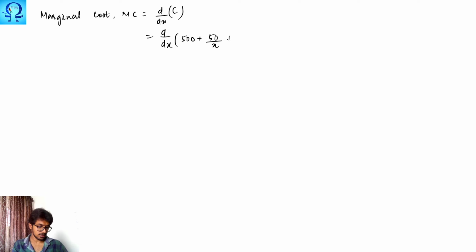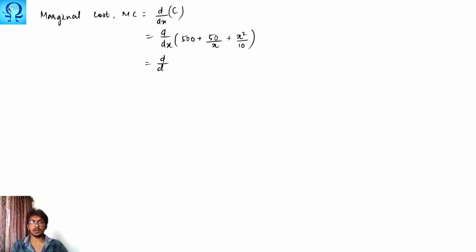Next, we'll have to talk about marginal cost. So marginal cost is d upon dx of C, that is d upon dx of our cost function, 500 plus 50 upon x plus x squared upon 10.